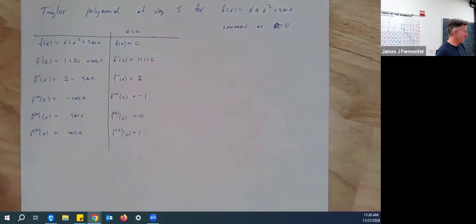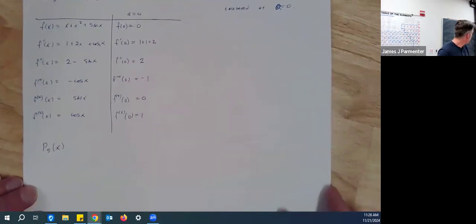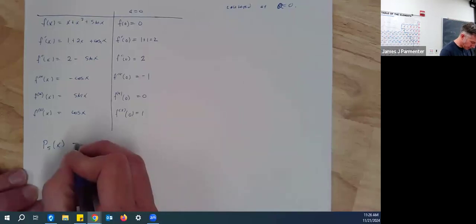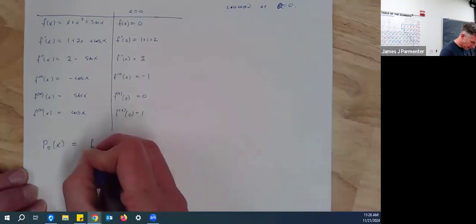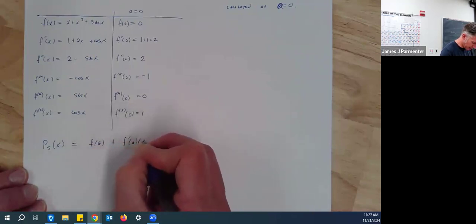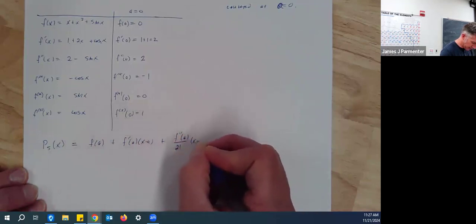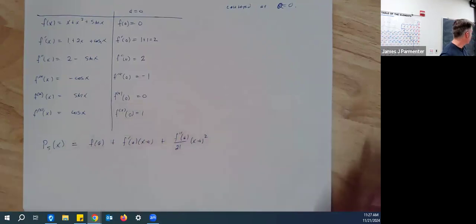And then we have to remember what the formula is for the Taylor polynomial. So here's the pattern. My fifth degree Taylor polynomial is going to equal, I'm going to write out the general formula first. It's going to be f of a plus f prime of a times x minus a plus f double prime of a divided by 2 factorial times x minus a squared. And following the same pattern, you should be able to write out the next three terms, right?